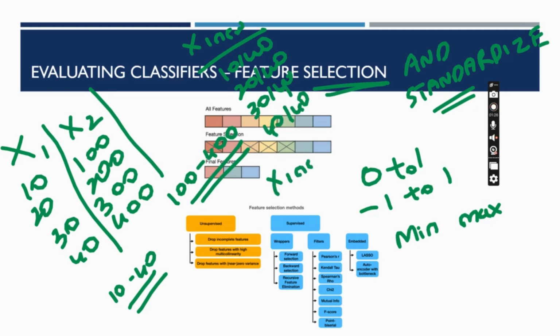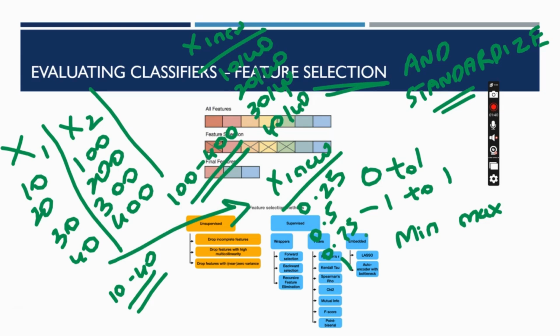So x1 new will become 0.25, 0.5, 0.75 and 1. The old values are converted to this small range.